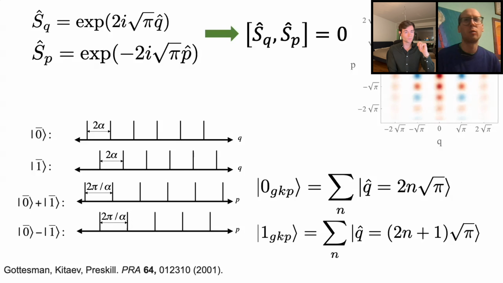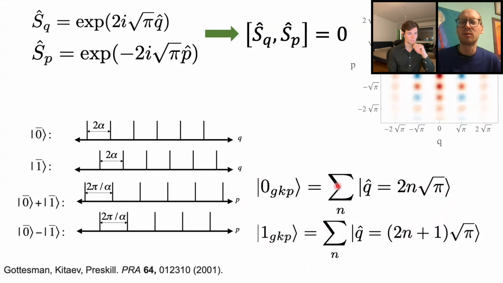So the first caveat that I want to make is that the equations in the bottom right corner are idealizations, because they assume that you have a superposition of infinitely many peaks, at all even or all odd multiples of square root of pi, and that they are Dirac delta peaks.